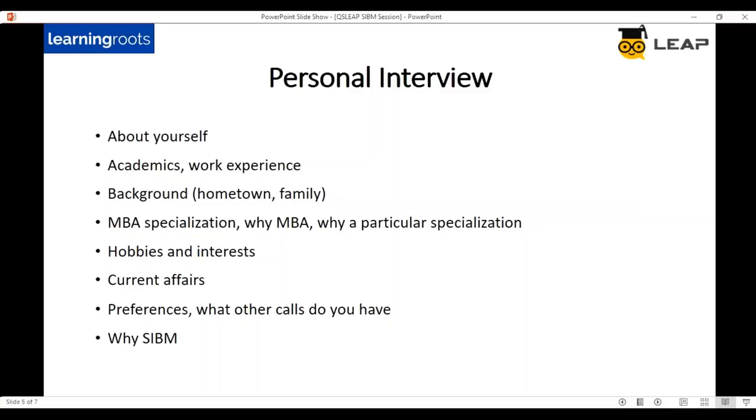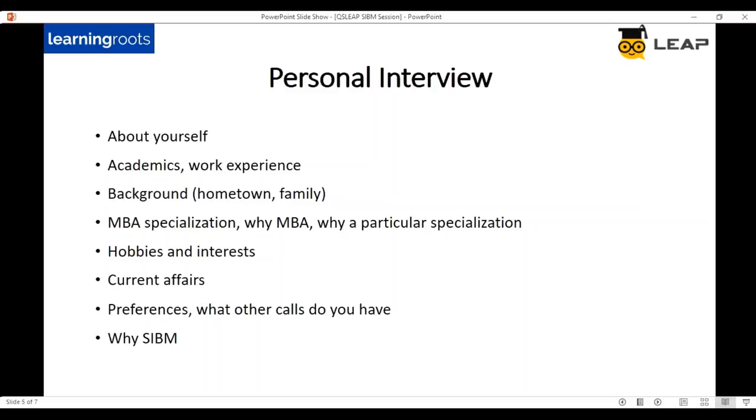So this is something that you can talk about during the interview as well. If they ask you, okay, why do you want to join SIBM? Probably this can be one of your points: this is the first time that you're visiting the institute, but what you have understood is that it is largely driven by students. Students take part in a lot of activities.